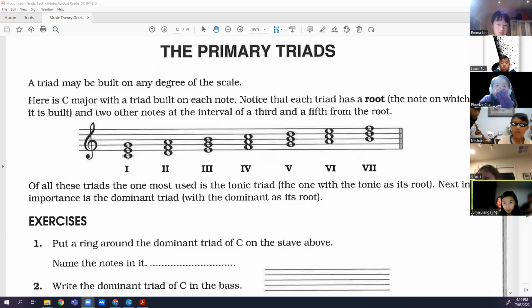And also you have to make sure that you're aware of accidentals, because those accidentals are the ones that are going to tell you whether you're working with, for example, G major or G minor, or F major or F minor.